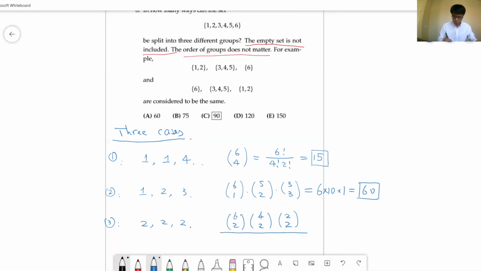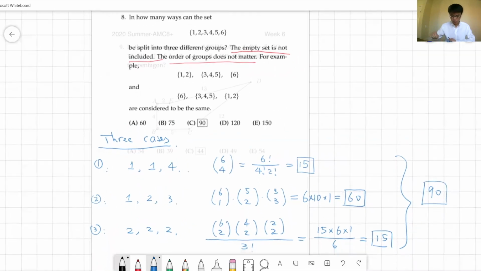So we divide by 3 factorial, because the order does not matter. So this is 15 times 6 times 1 divided by 6, which is 15. Now we add these numbers together, we get 90. So the answer is 90.